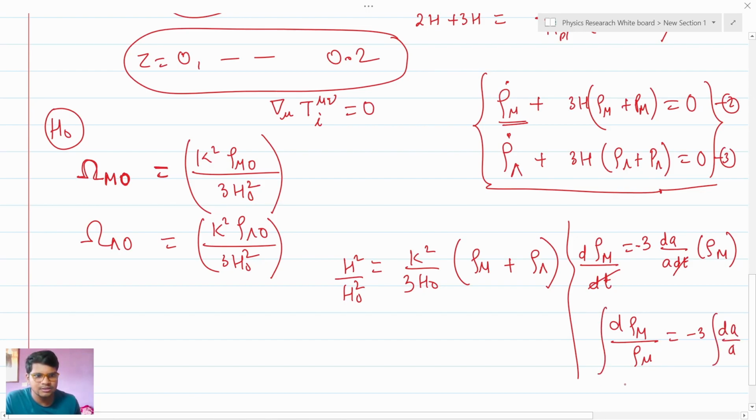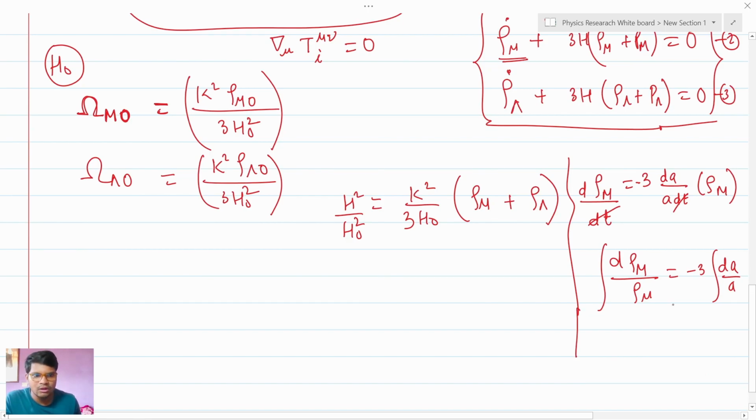Now again we are trying to integrate it. Integration can be done from now, because now we are observing. When you are trying to use the scale factor, there is a relation: A is equal to 1 over 1 plus Z. I already said that when Z is equal to 0, it is your present.